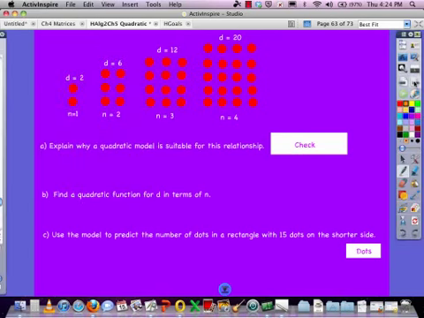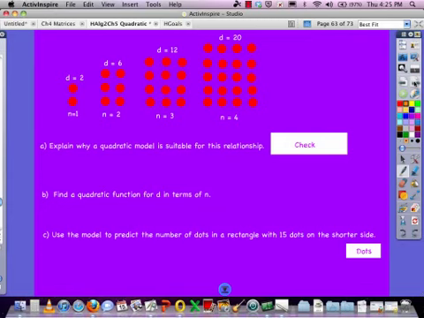Okay. From here, and in the reading also, there were several different diagrams of just data patterns. So if you look at this one, we have the number of rows, n, and the number of total dots, d. And it's a pattern.